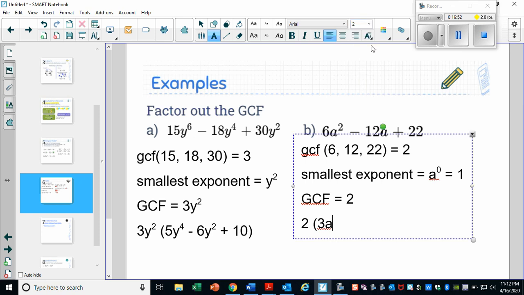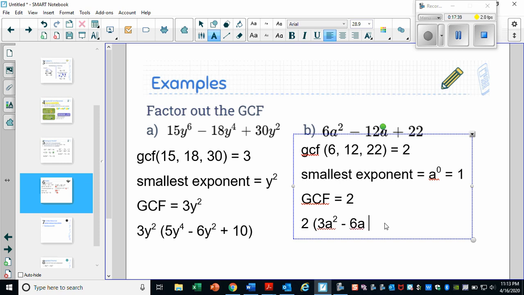Negative 12a divided by 2 is negative 6a.